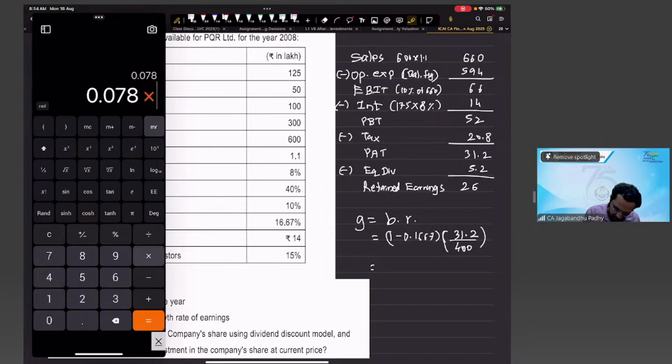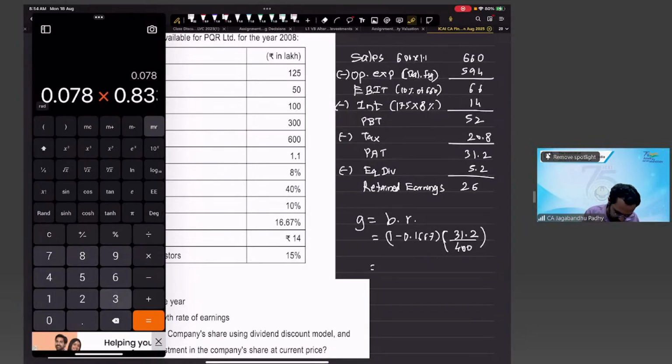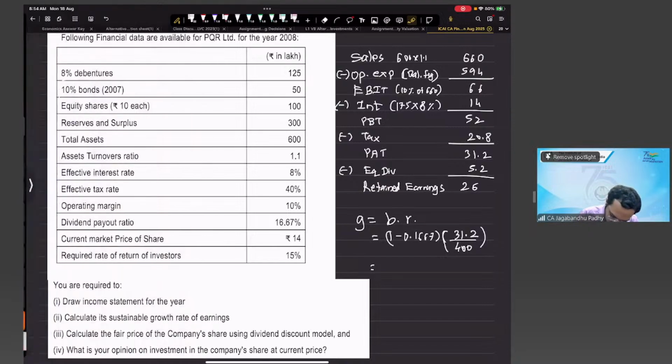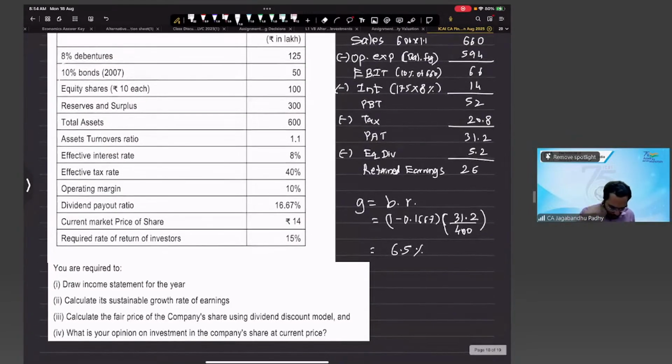And then this multiplied by 0.833333. So 6.5%. Yes, sir. 6.499, so it's like 6.5% is the growth rate that we have. So that's the sustainable growth rate.